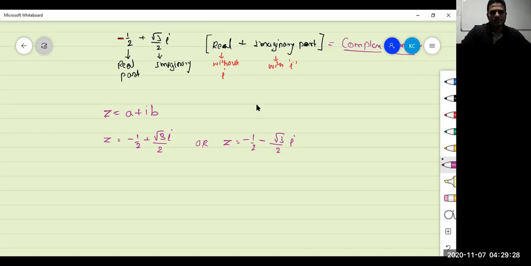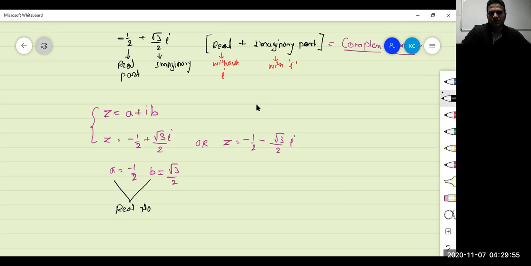So real plus imaginary is called a complex number. If you compare these two, A equal to what? Minus 1 by 2. B equal to what? Root 3 by 2, not the I now. Both A and B are real numbers.